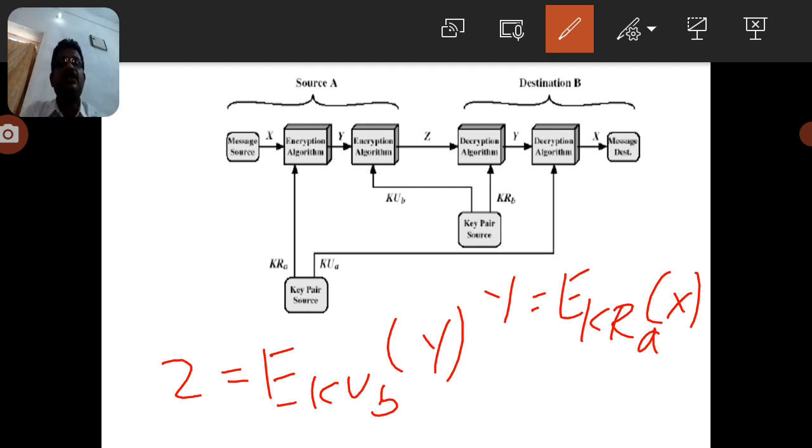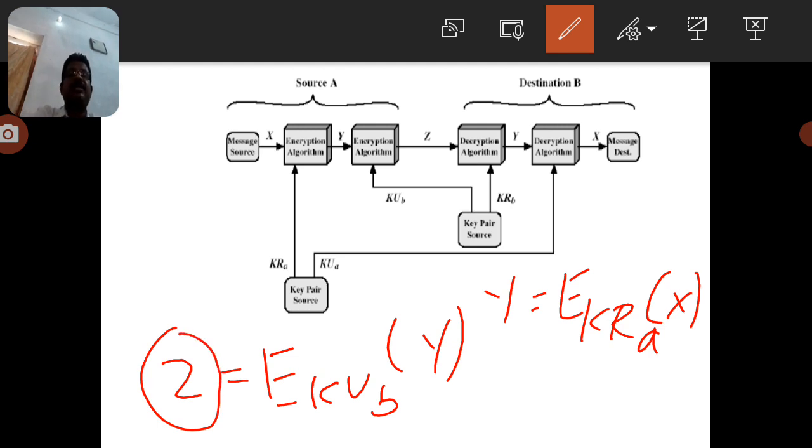Substituting Y in place, we get the equation Z equals EKUB of EKRA of X. So the Z can be transmitted to the destination.